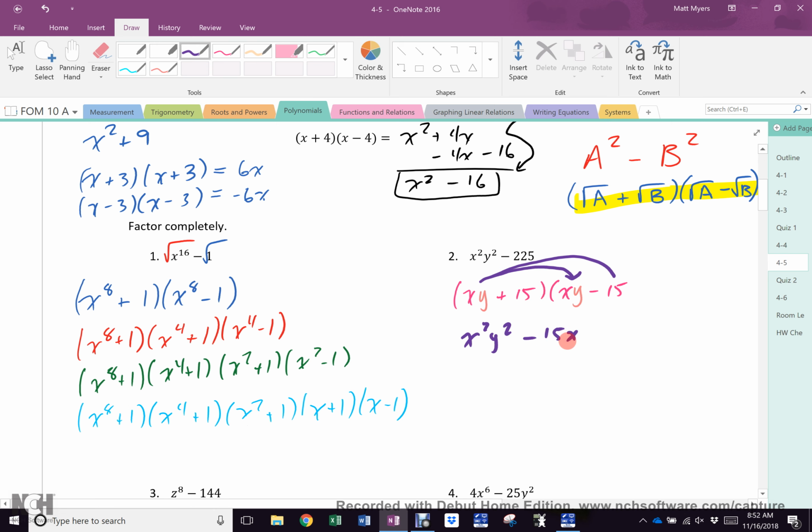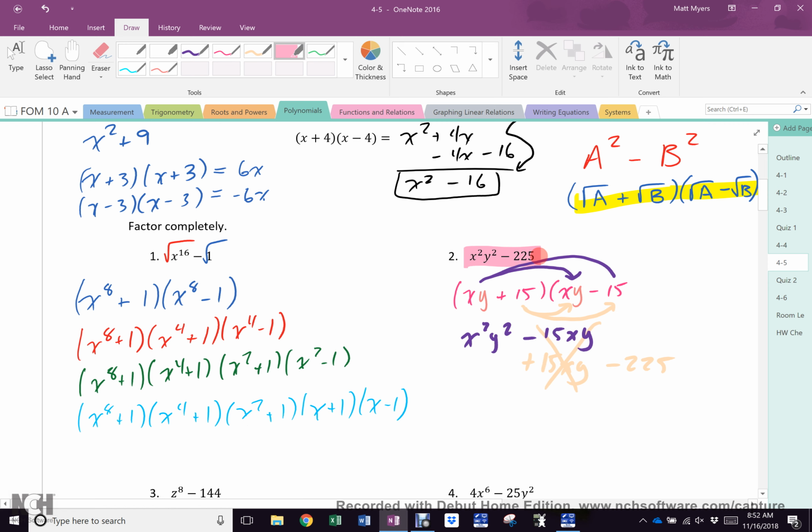Negative 15xy. What is positive 15 times xy? Positive 15xy. And what is positive 15 times negative 15? Negative 225. Middle terms cancel. X squared y squared minus 225, which was my original thing.